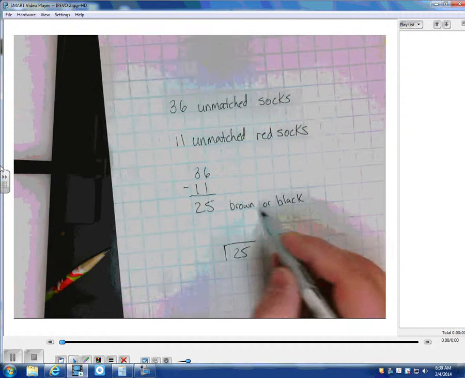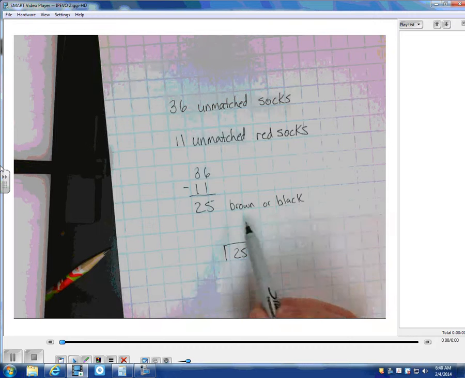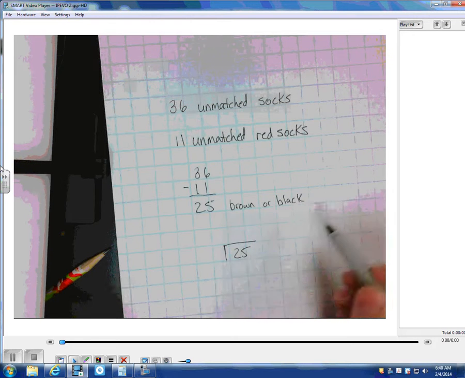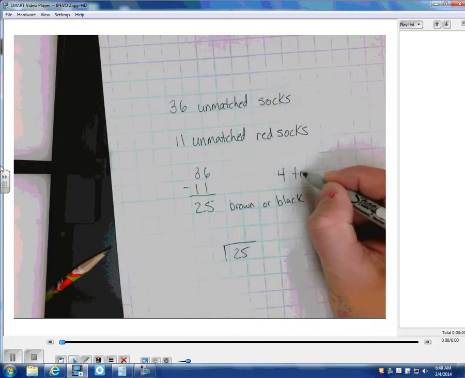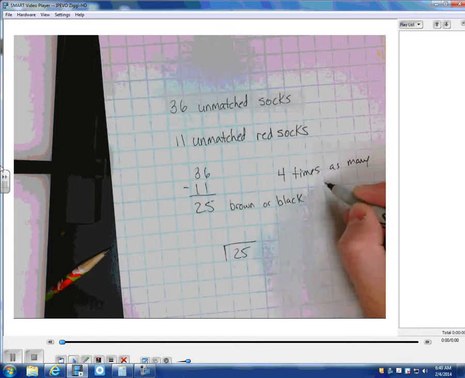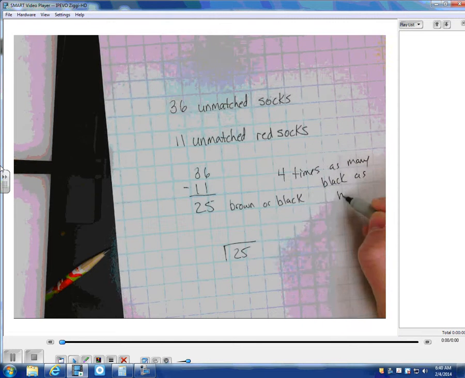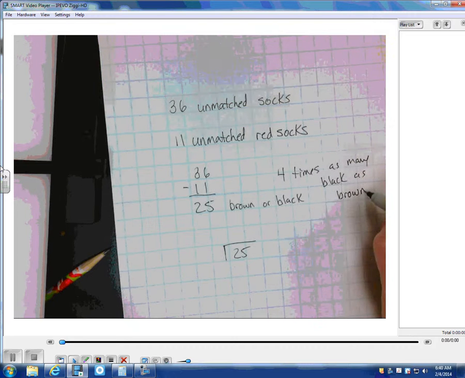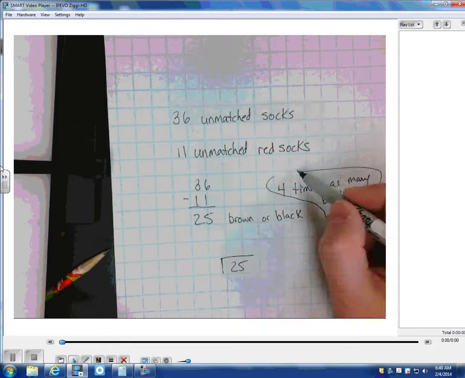Okay, so I have 25 brown or black, and I need to figure out, let me put my note over here, I have 4 times as many black as brown. Okay? That's important to know for this problem.